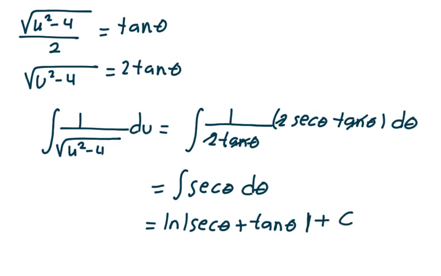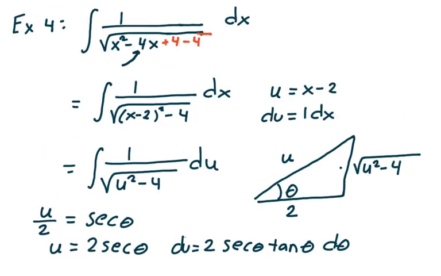Now we get to plug stuff in. So this is natural log of. Now let's not forget, when we go back, secant theta is u over 2, right? Tangent theta is square root of u squared minus 4 over 2. So we get u over 2 plus the square root of u squared minus 4 divided by 2 plus c.